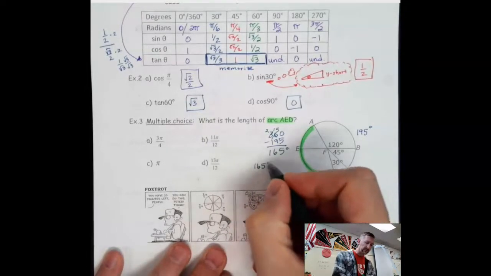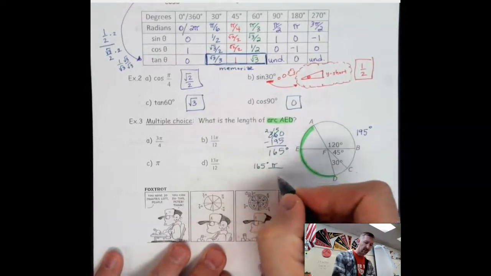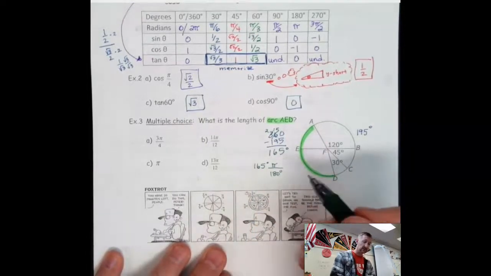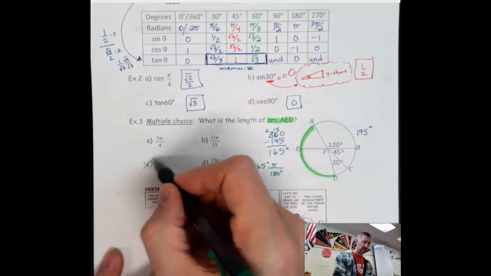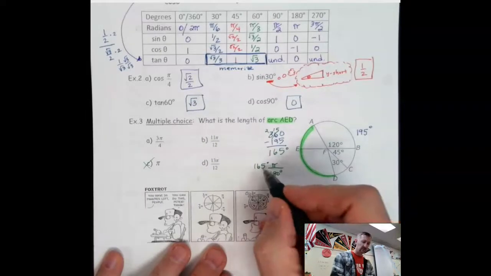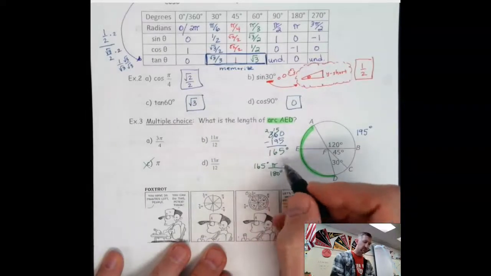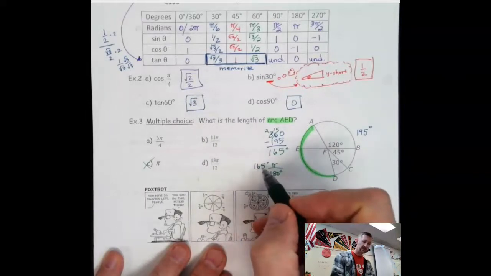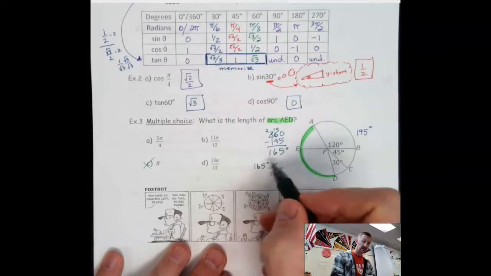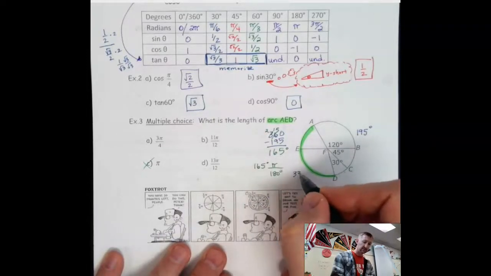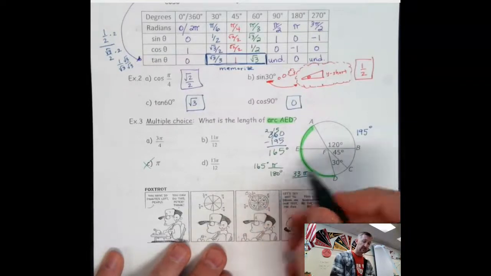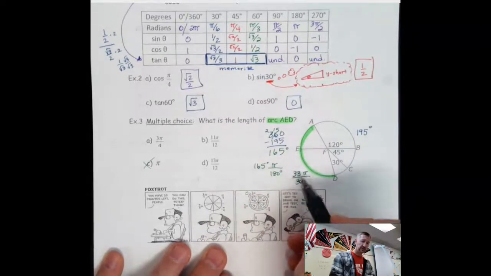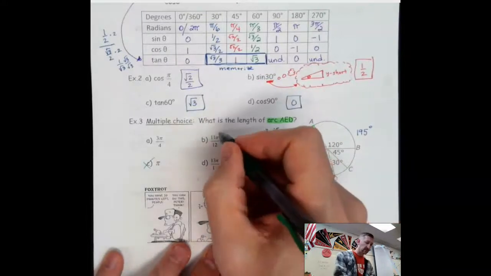So we have 165 times pi over 180. So we can see, hopefully pretty clearly, that's not the answer. So 5 goes into this 33 times, and 5 goes into this 36 times, and then both those can be divided by 3.